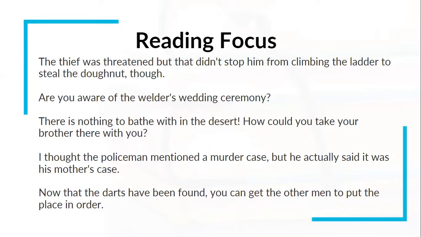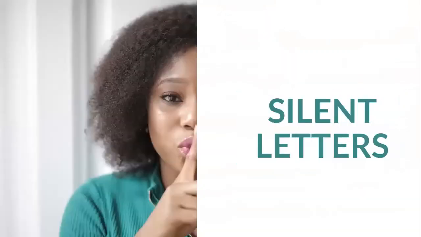Remember, I said we'll be talking about the silent letters, and so we look at the silent letters. Now, you can see this lady trying to hush maybe a child. Like, shh. Silent letters are letters that appear in the spelling of a word, but they are not found in the pronunciation of such words.